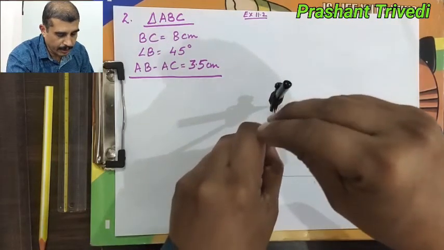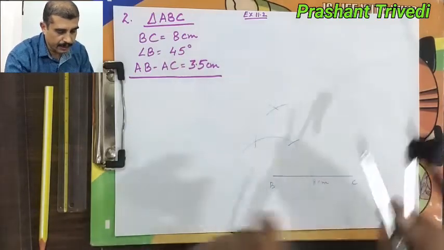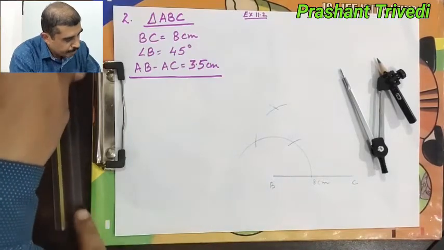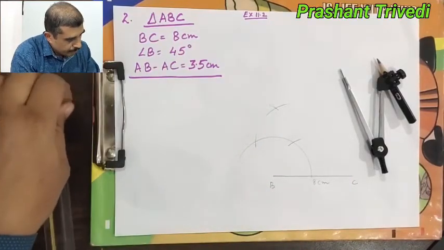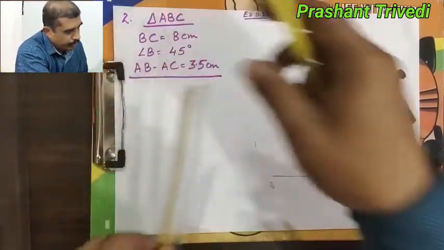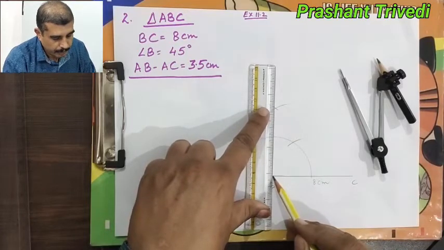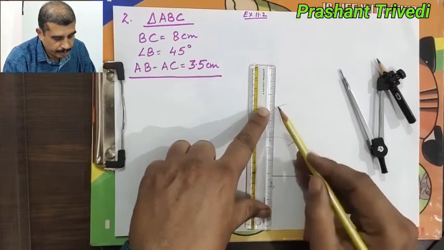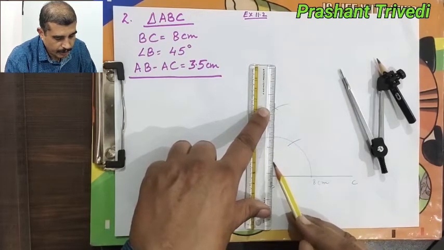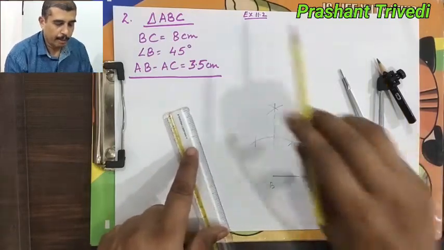The point of 120 intersecting the above arc, yes, the point of intersection at the top. Joining B to that point with a dotted line. Why? Because we require only this point on the bigger arc.